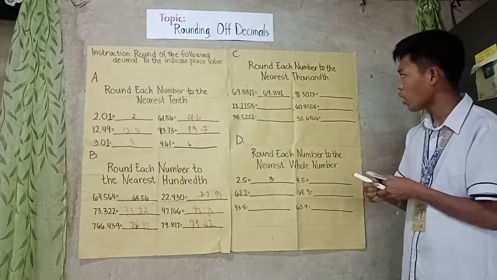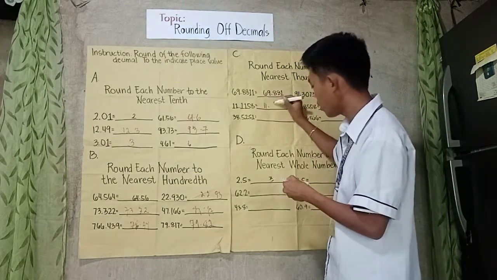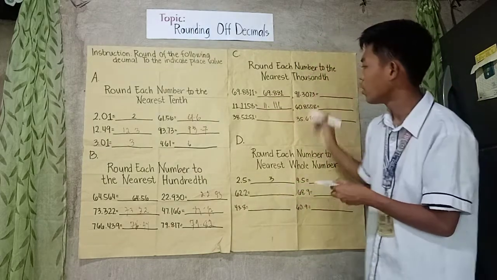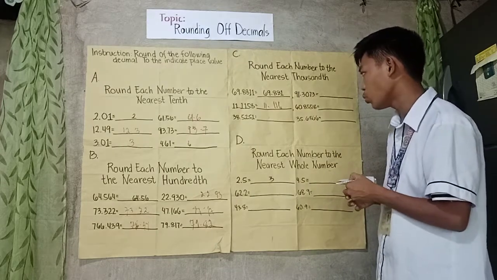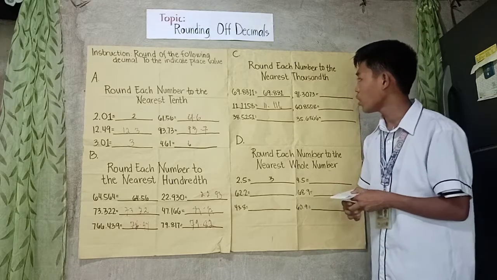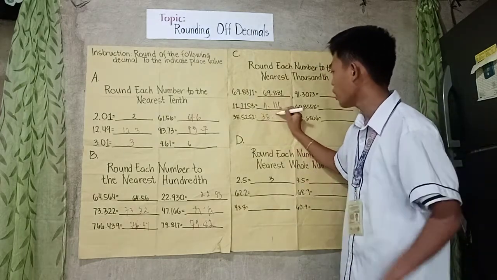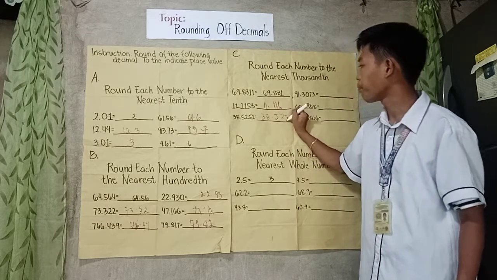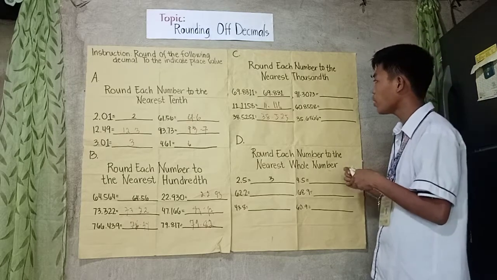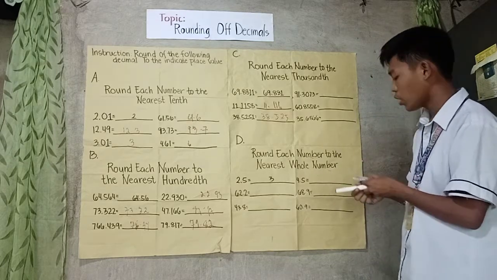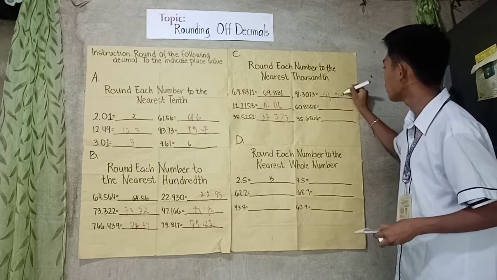If rounded to the nearest thousand, it will become 11.160. So next is 38.5251. If rounded off to the nearest thousands, it will become 38.525. Next is 91.3073. If rounded off to the nearest thousands, it will become 91.307.